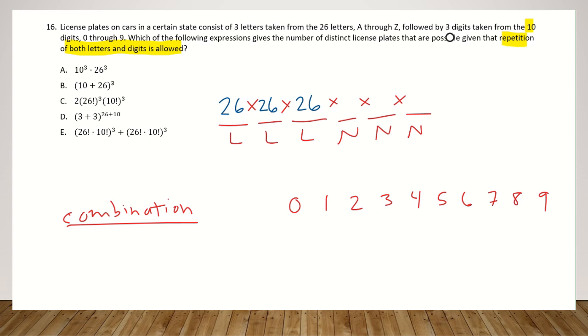You actually have 10 choices because of that 0. So you have 10 choices for each number, okay? So you have 26 times itself, 3 times. If we look over at our answer choices, they're written in this format, and it's A.